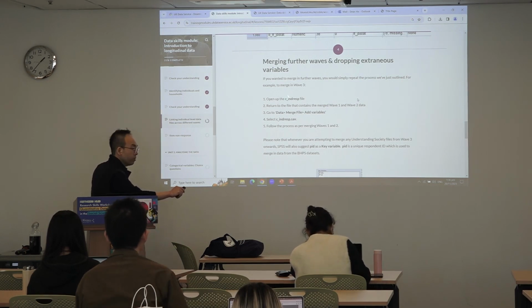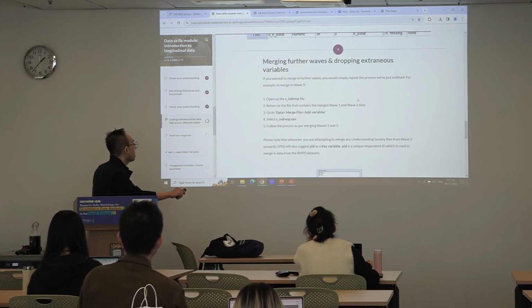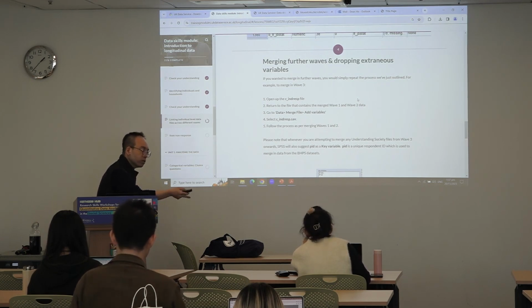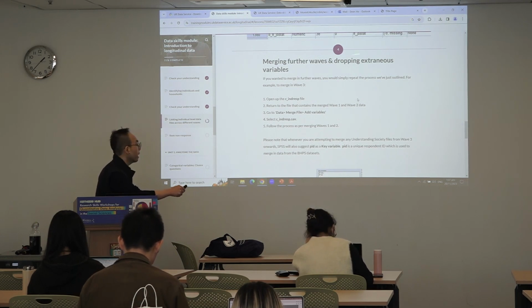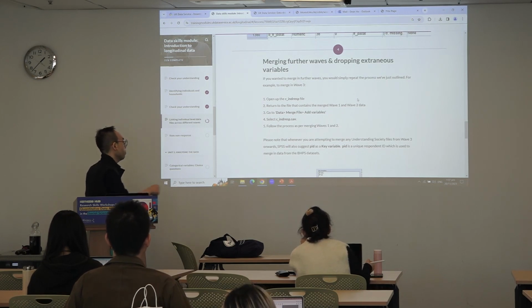You could open the original third wave file, which is prefixed with a C, return to the file that contained the merged wave 1 and wave 2 data, that's a new file, and then add variables. That will take the newly generated merged data file of wave 1 and wave 2 and add on additional variables to merge in wave 3, okay?